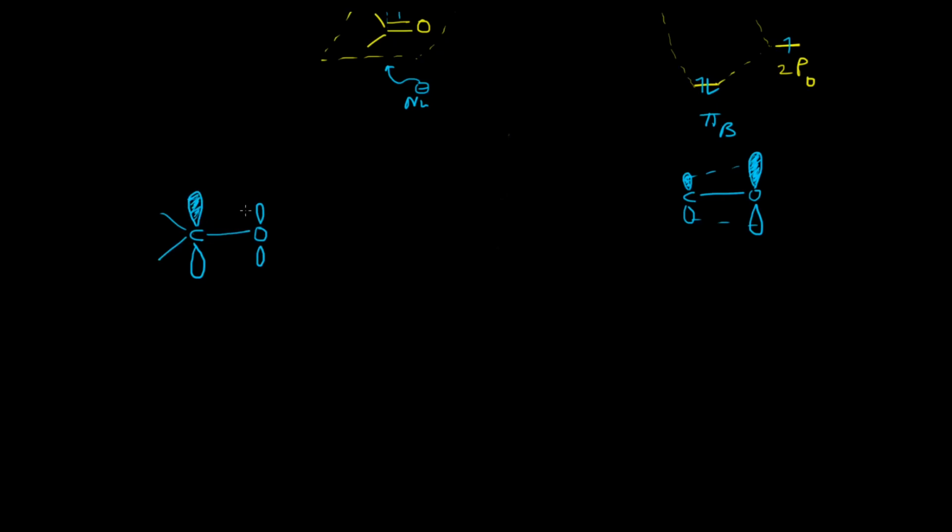So this is our pi star antibonding orbital, with which the nucleophile HOMO will interact. I am considering here an sp3 hybridized orbital for the nucleophile, containing 2 electrons.